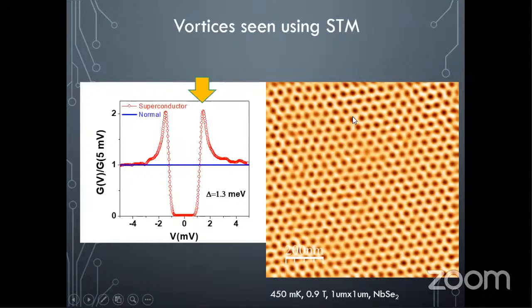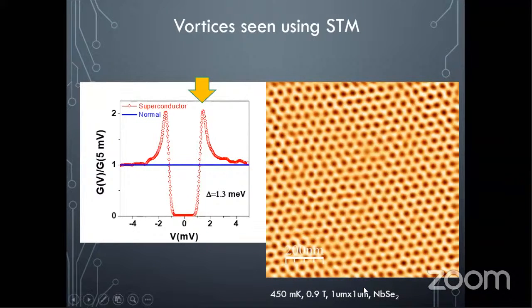The light regions, the whiter regions, are the superconducting regions which have a higher value of differential conductance. That is why they are light in color. So this is a vortex lattice which forms this triangular, hexagonal lattice, called the Abrikosov lattice, and that comes down from the Ginzburg-Landau theory.